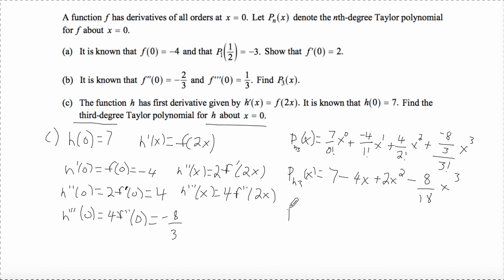Can simplify that a little more. P sub h3 is equal to 7 minus 4x plus 2x squared minus, 2 can go into each of those, 4/9 x cubed. All right, there is our Taylor polynomial for our function h.